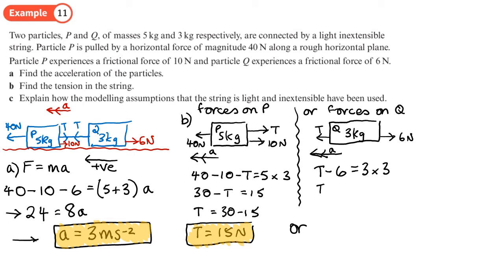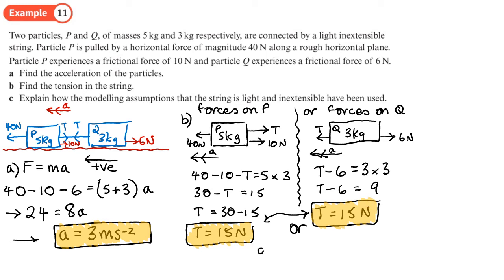So I have T minus 6 equals 9, add 6 to both sides, and I will get T equals 15, the same answer. So in this particular question, you could look at the forces on P or Q. In some questions you don't have a choice, but here we did. And whichever one we choose, we'll get the same answer.